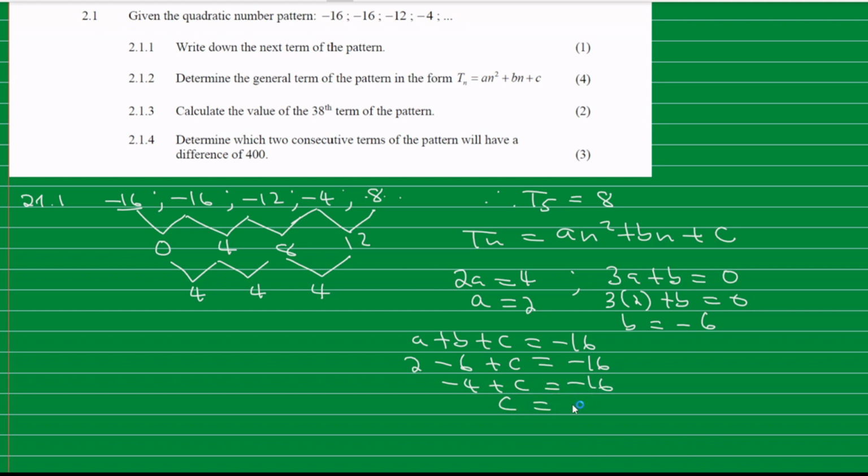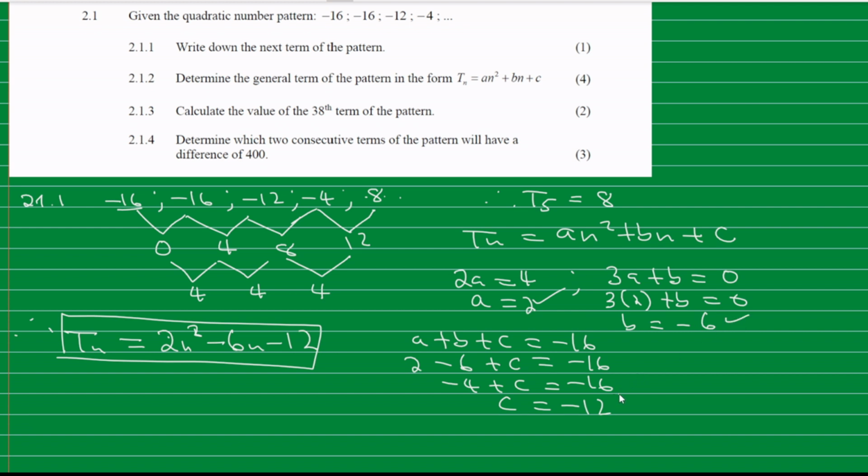That will give us c is -12. So therefore, we can say that our Tn is equal to, a is 2, that will be 2n squared, minus 6n minus 12. Okay, so that is our Tn.